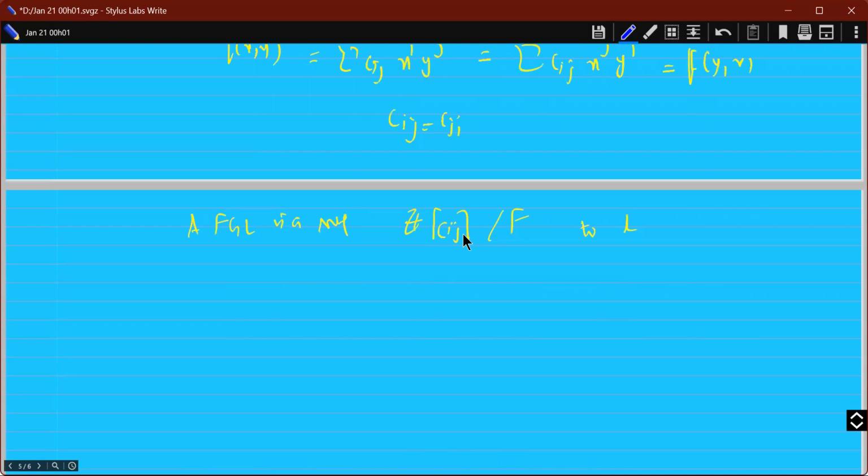For the time being, this is what we have, and this will be the Lazard ring. We define this to be the Lazard ring, which we also denote by L.